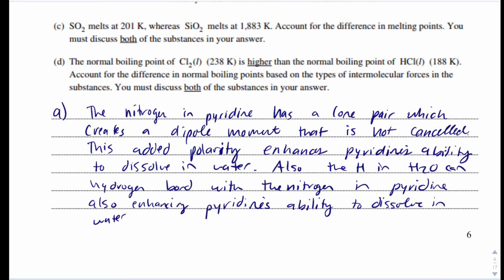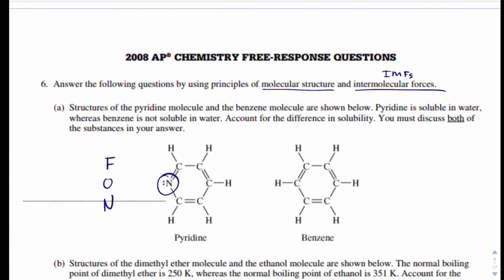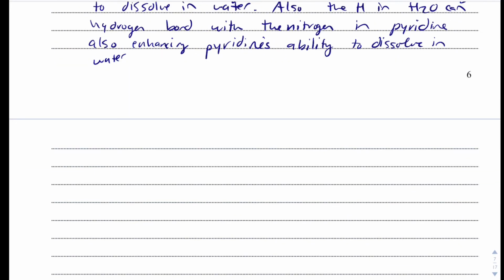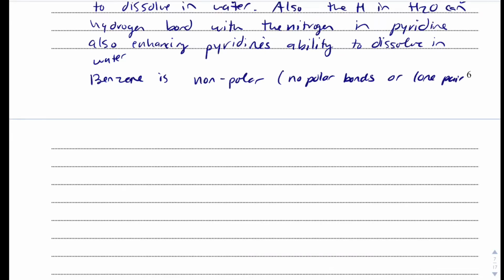Now, one thing here is I think I have a really good answer, but I would not get full credit because they say you must discuss both of the substances. So I need to make some sort of mention about benzene. So what I'd add is benzene is nonpolar. And I might say no polar bonds or lone pairs, because we need one of those, or both, to make something polar.